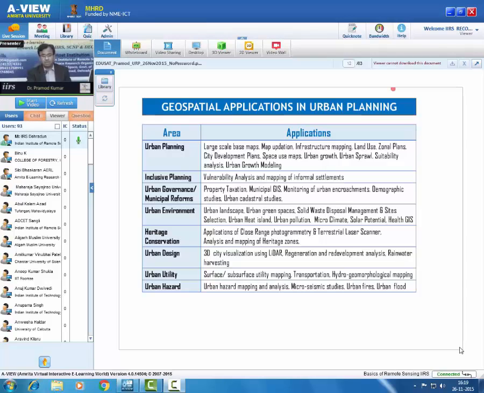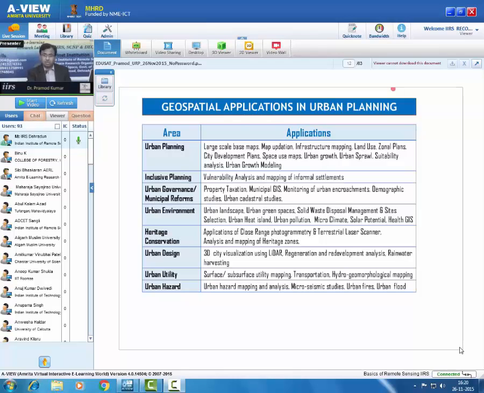In the case of urban planning, the first and foremost requirement is the base map. Remote sensing, with its synoptic view and varying spatial and spectral resolution characteristics, provides good quality base maps. When you add information to these base maps, they add value and we can go for map updation, infrastructure mapping, land use or various kinds of plans at various scales.